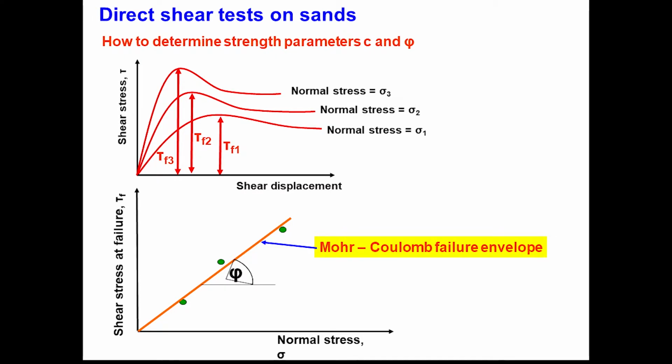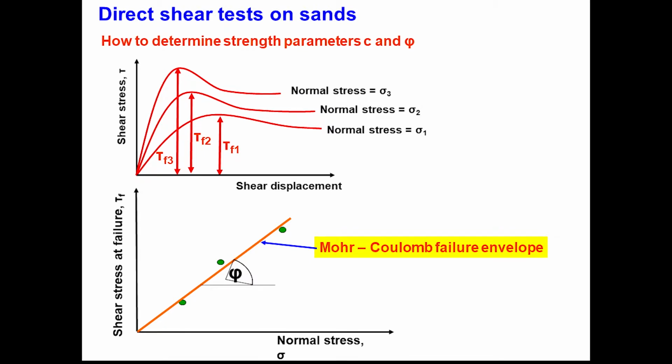These make three points, plotted as normal stress versus shear stress at failure. Combine them and you get a straight line. Its intercept on the y-axis is C, and the slope of that straight line is phi, the friction angle.